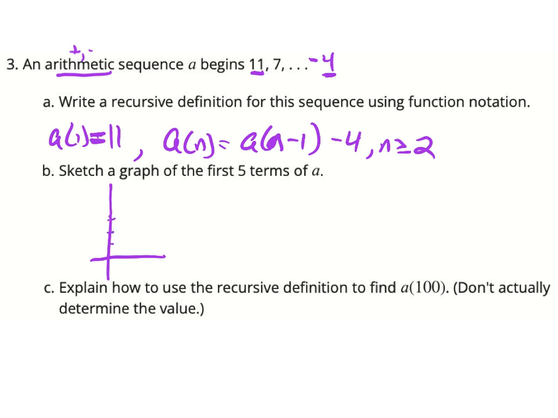So 2, 4, 6, 8, 10, 12. 1, 2, 3, 4, 5. The first term is at 11. Then 2, 4, 6, 8. Term 2 is at 7. Term 3 is at 3.